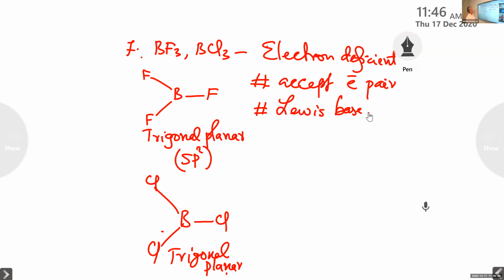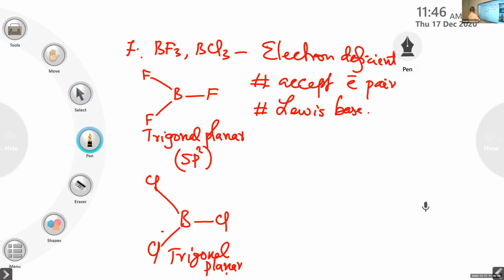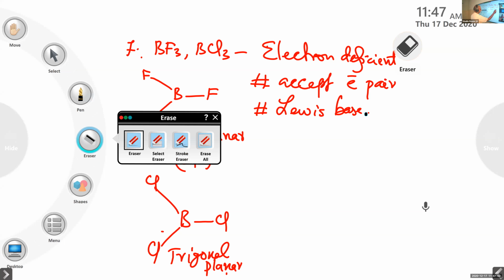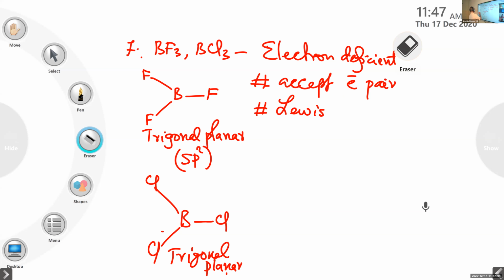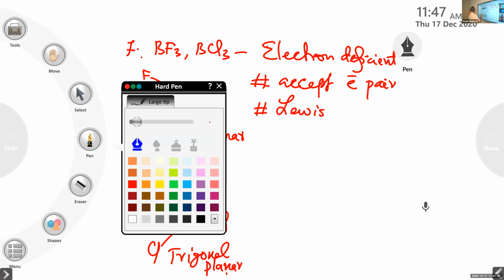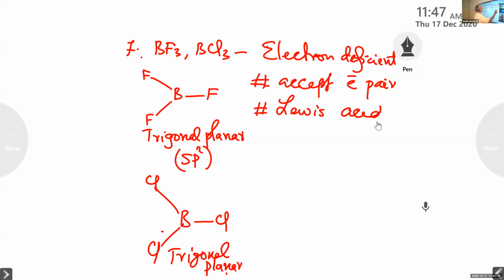The Lowry-Bronsted acid theory, that is protic acid theory. Then there is the electronic concept, that is the Lewis acid base theory. So here, electron pair acceptor is an acid, not base, sorry. It is an acid. Electron pair acceptor, so it is a Lewis acid.